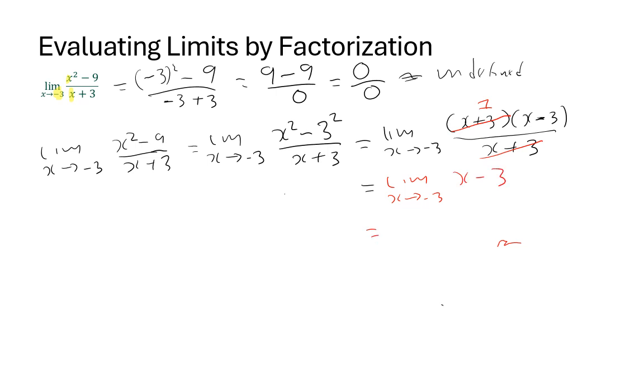And to compute this limit, since x is approaching minus 3, wherever we have this x, we should replace it with minus 3. So we'll write minus 3 minus 3, and this is minus 6.